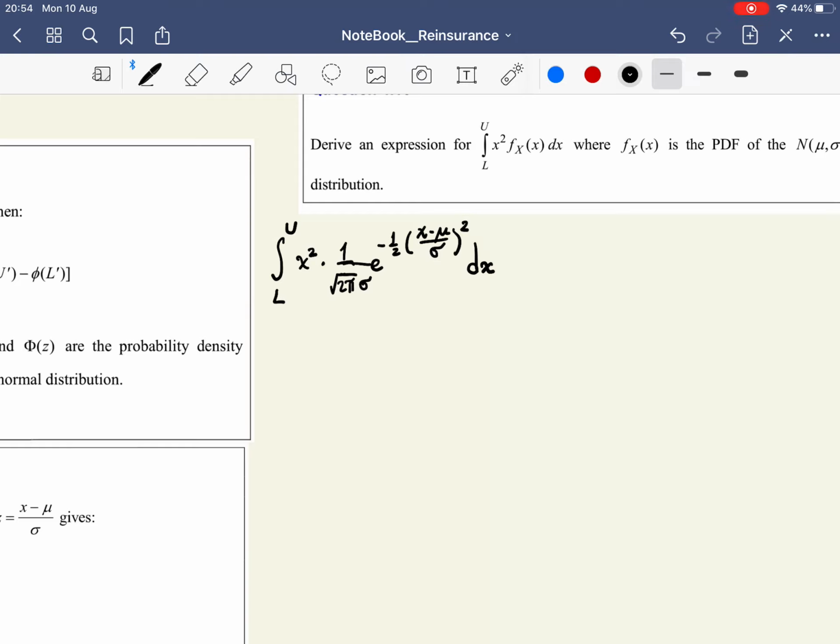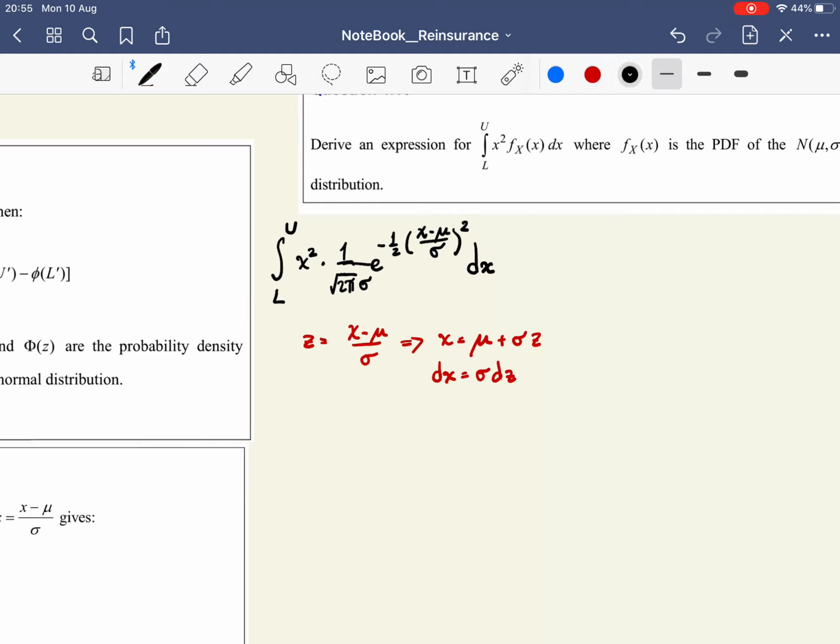Now we do something similar to what we have done before, which is the u substitution. We make z equal to (x take away mu) over sigma, right? So x will equal mu plus sigma z, and dx will equal sigma dz.